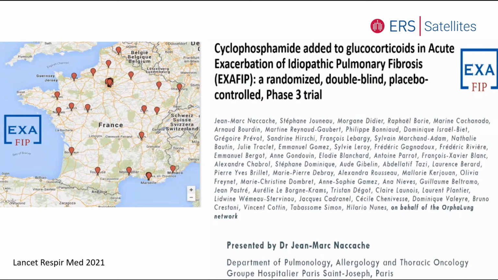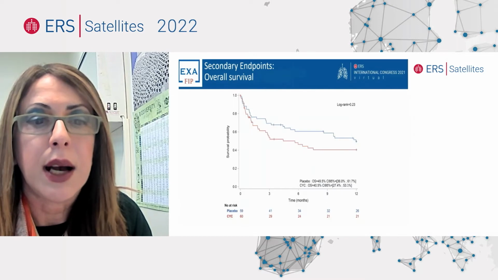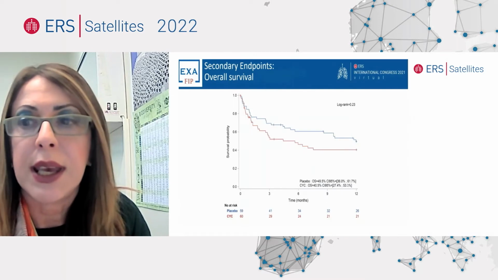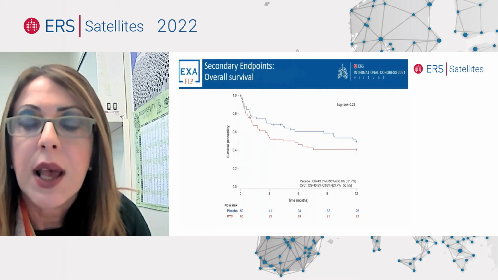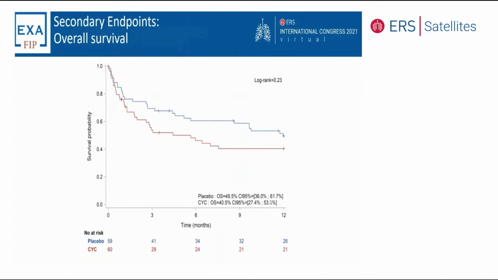And we have recently seen in the literature the French study, a phase 3 trial, which investigated the efficacy and safety of 4 pulses of cyclophosphamide as add-on therapy to glucocorticosteroids in acute exacerbation of IPF. The 3-month mortality, as you see here, was increased in patients that received cyclophosphamide.